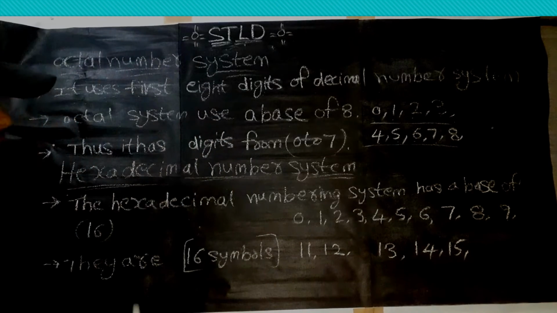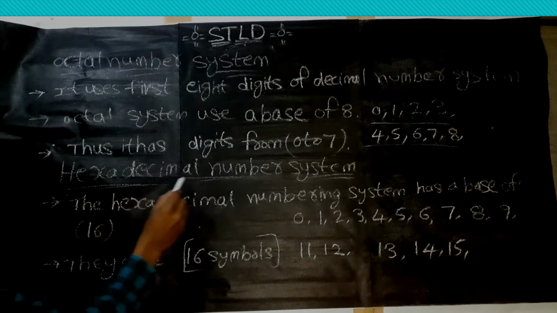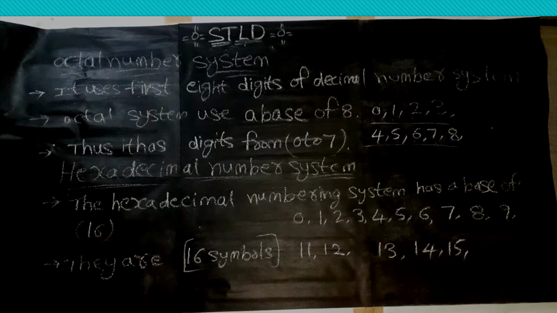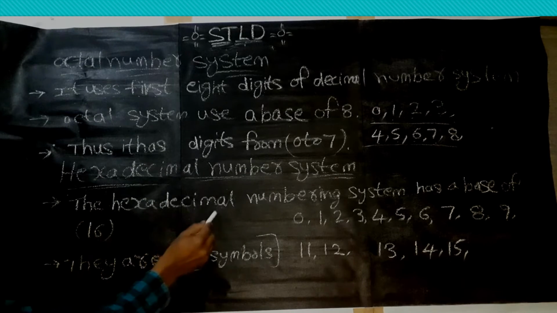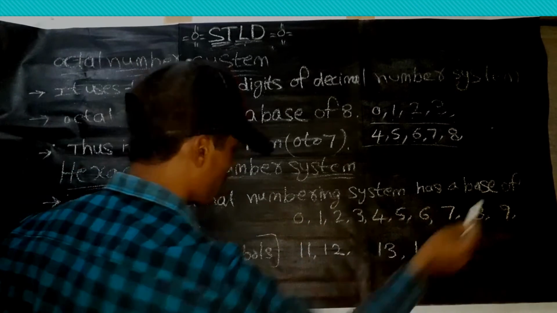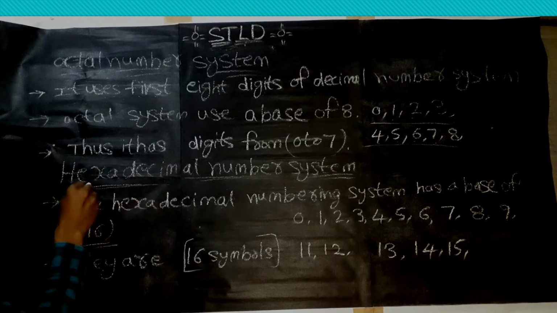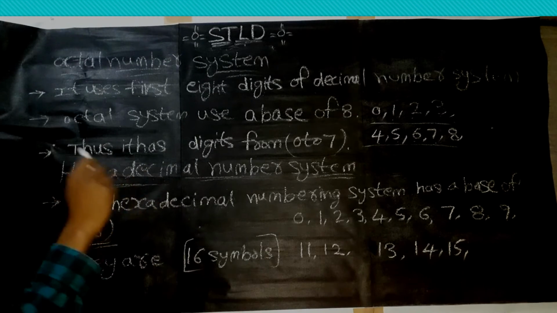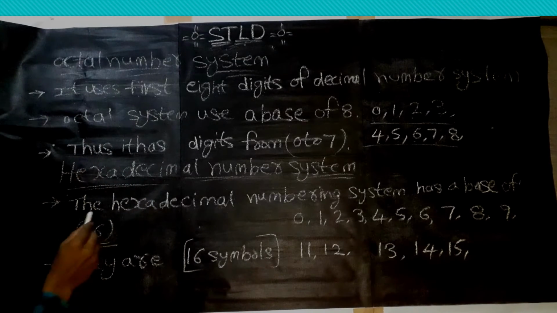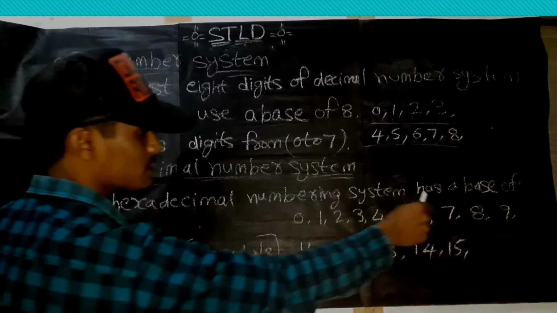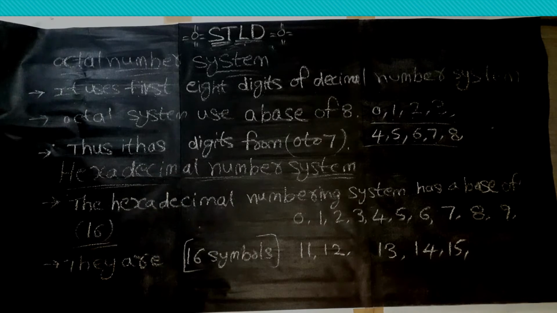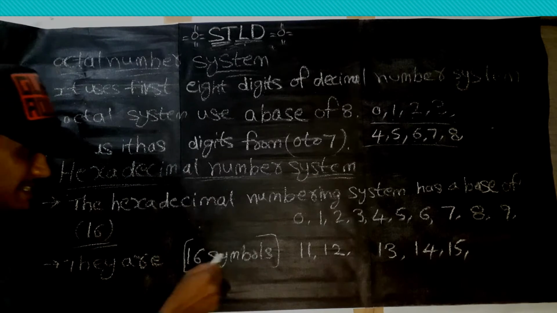Okay. Now the hexadecimal number system. The hexadecimal number system has a base of 16. Hexa means 6, decimal means 10, so 10 plus 6 is 16.